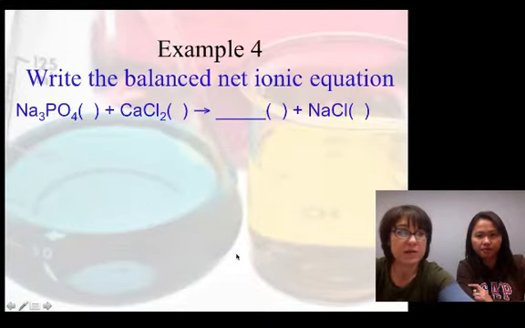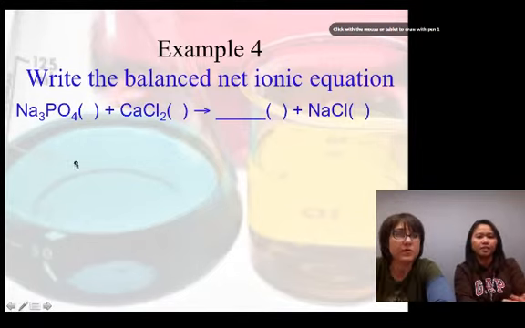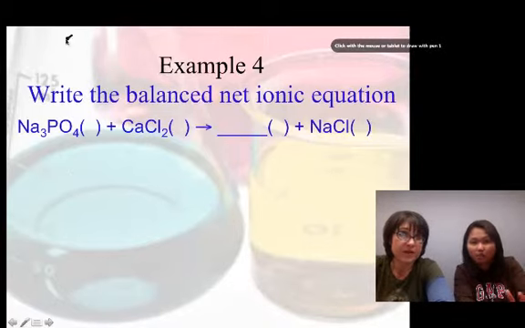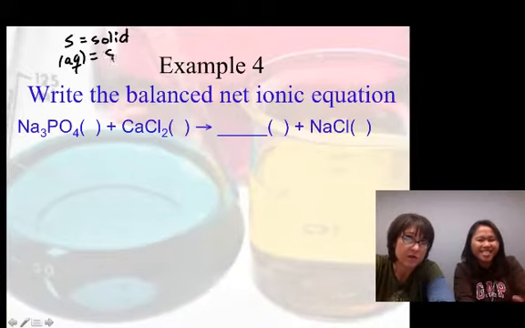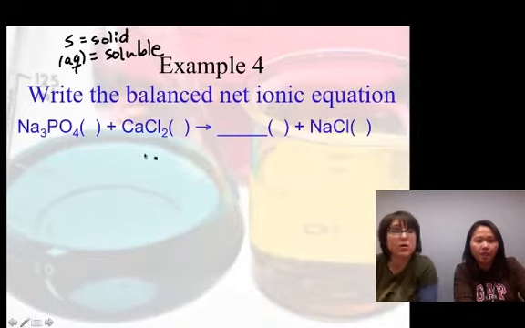Okay, let's make it a little harder. This time, we need to predict the solubility. Are we going to put S or AQ? S means solid, and AQ means soluble. Don't mix those up. So does anybody want to hang out with sodium?